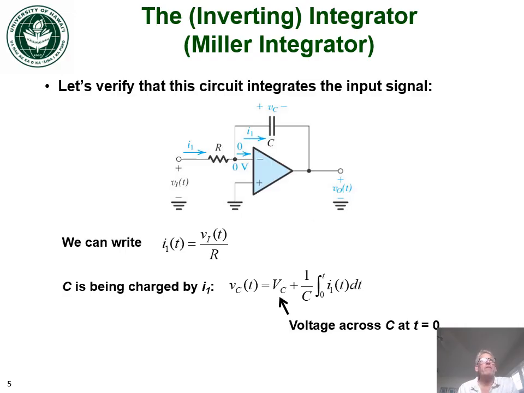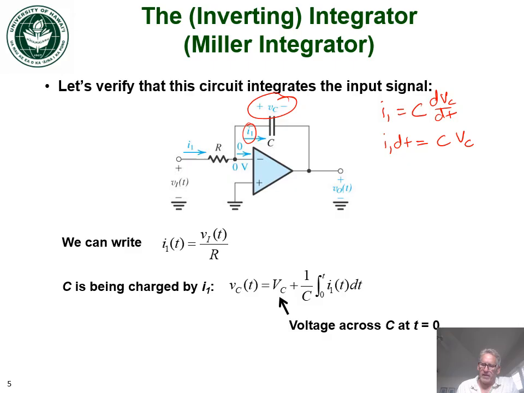The first thing we'll notice here is that we remember the current through a capacitor. We'll call it I1 in this case. This current I1 is equal to C times dVc dt. So if we separate this, we get I1 dt is equal to C dVc, where Vc is the voltage across the capacitor.